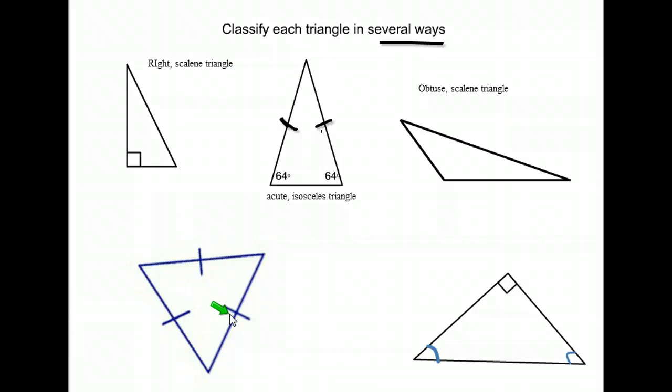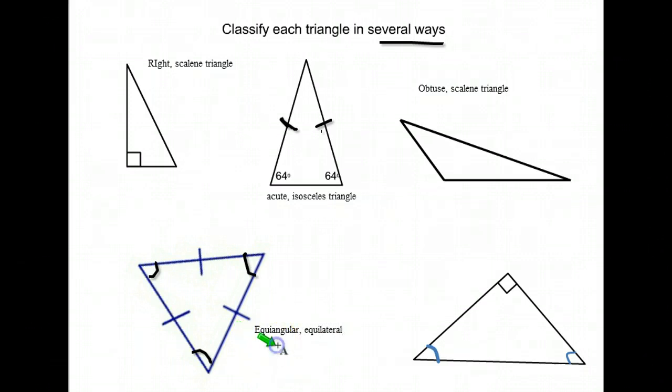So since all three sides are the same, all three angles are the same also. And that is a fact. You can put that in your notes that anytime you have an equilateral triangle, it's also equiangular. So this is an equiangular, equilateral triangle.